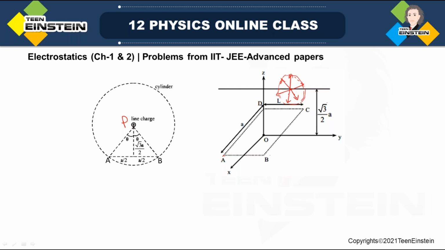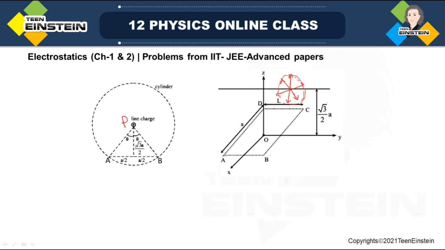But not all the electric field lines will contribute to the flux passing through this particular surface area. We have to choose the angle subtended by the edges of this surface, so that those electric field lines inside that angle will contribute to the electric flux through the ABCD surface area.